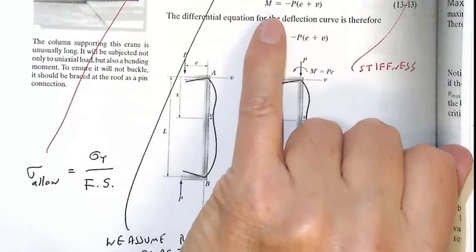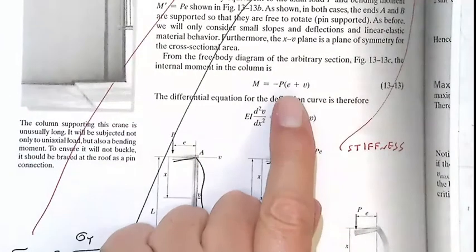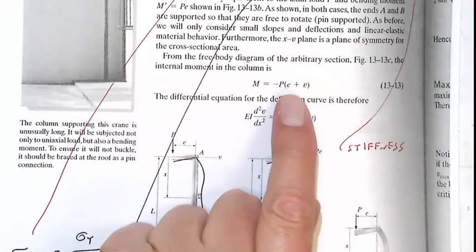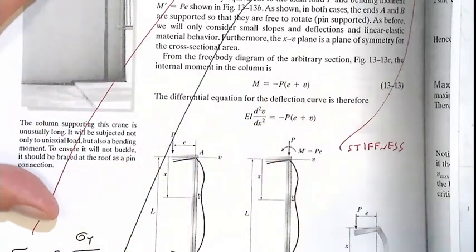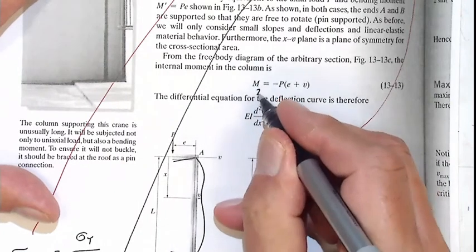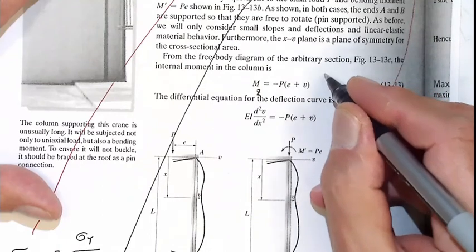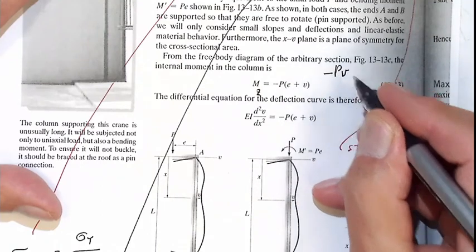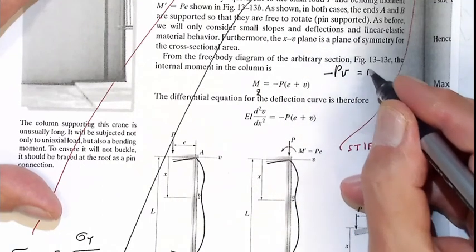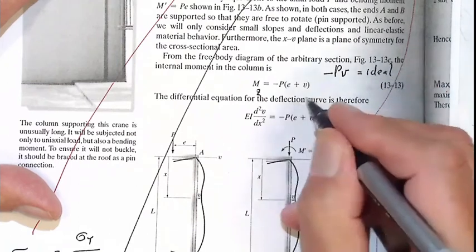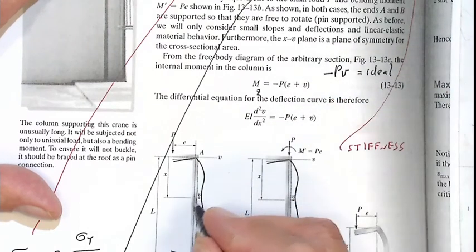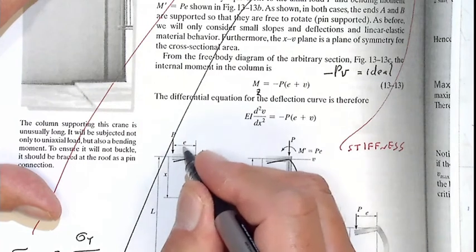Bending moment, we said before eccentricity, in the very first lecture on buckling, that Mz equals minus P times v. That is ideal. Now there is this v and there is e.